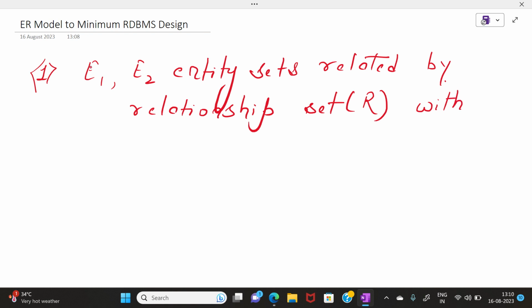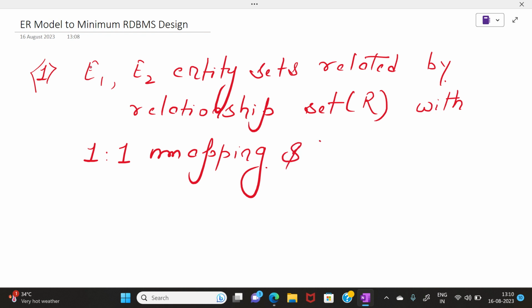Of course there will be certain constraints. For example, for this example we have 1:1 mapping between the entity sets, and there is a total participation constraint also involved.